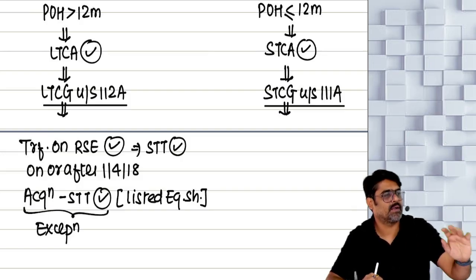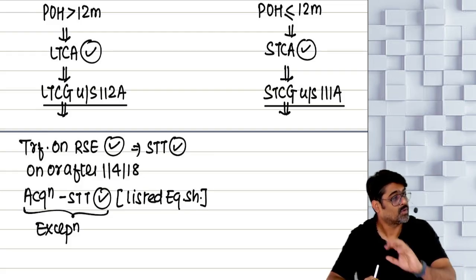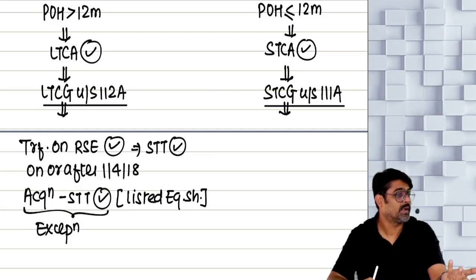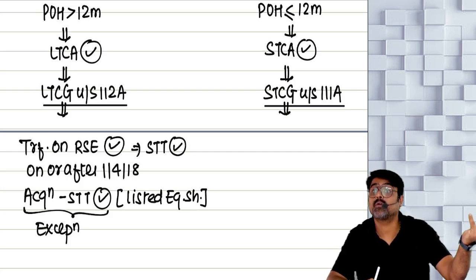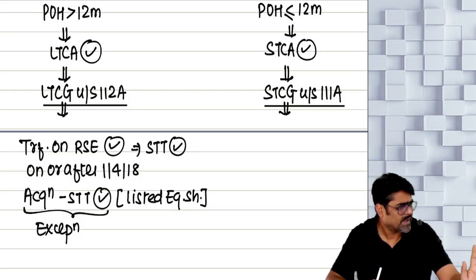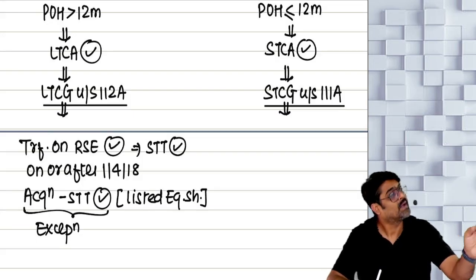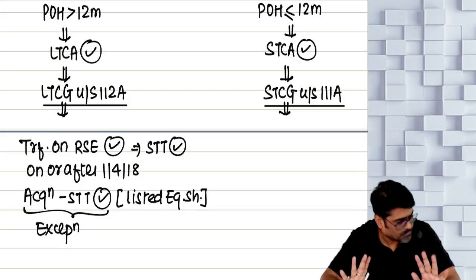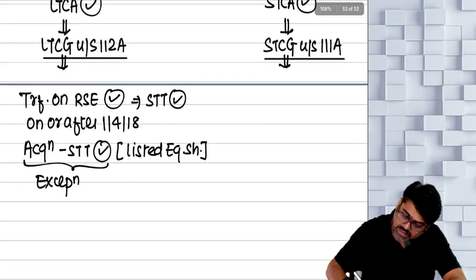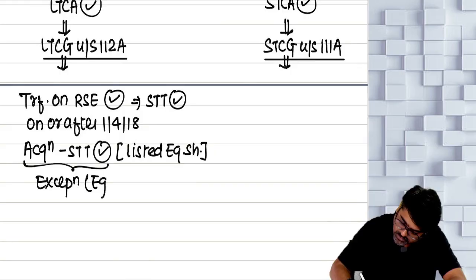So at the time when you bought, it was unlisted, and later on the company gets listed. So you got listed shares in return of unlisted. Now your shares automatically become listed shares. So definitely at the time of acquisition you would not have paid STT. So there are certain exceptions. In those exceptional situations, if STT is not paid at the time of acquisition, then also it is okay. The gain will be covered by 112A. Yes or no?